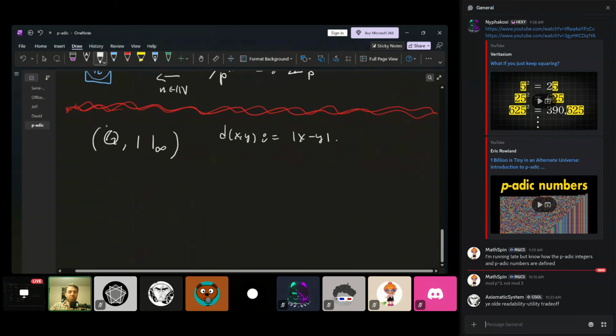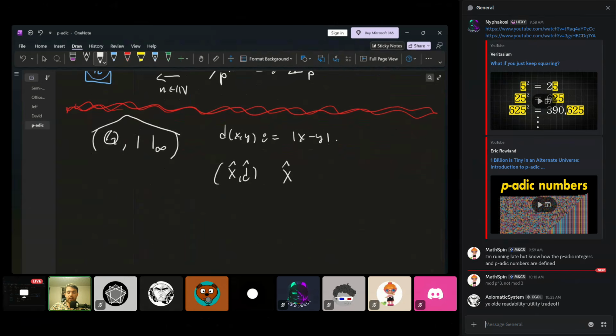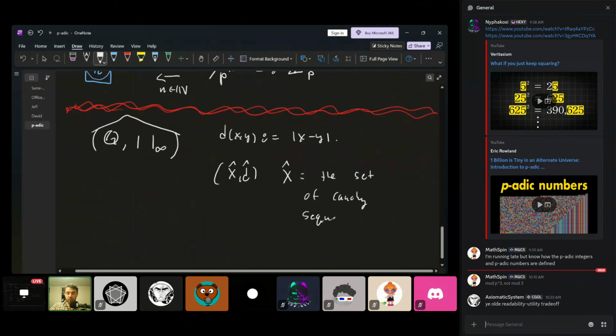One way of defining the real numbers is we take the rational numbers and take the Cauchy sequence completion. In general, if you have a metric space X, you can take the Cauchy sequence completion, where you define it to be the set of Cauchy sequences of elements of X modulo some notion of equivalence.